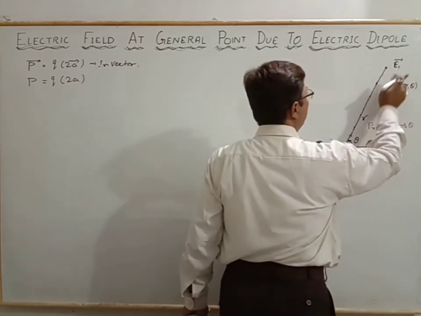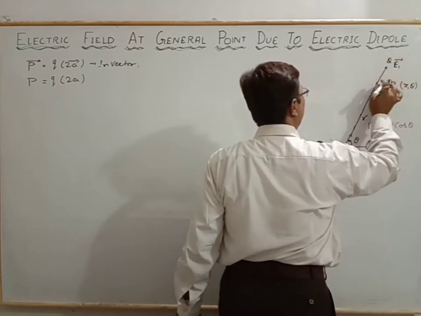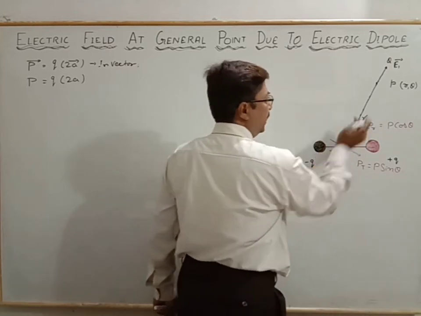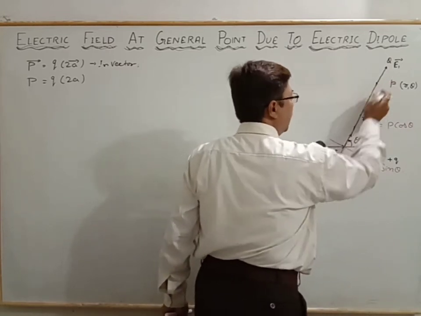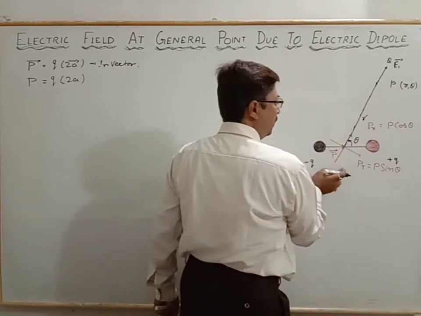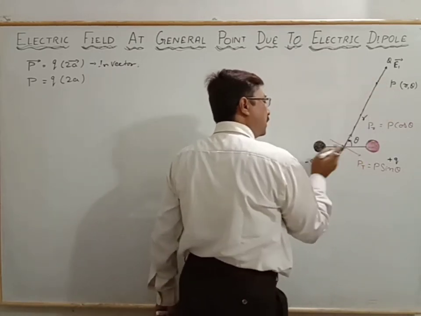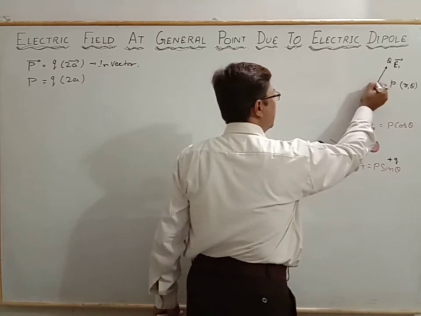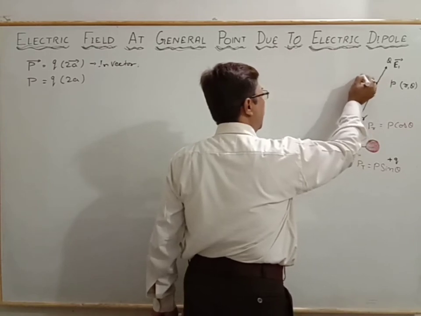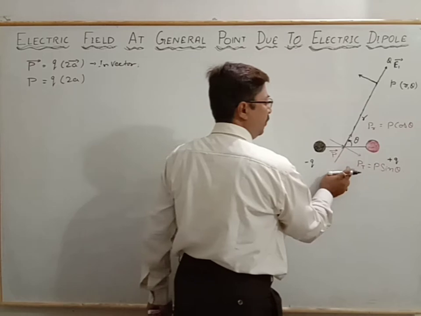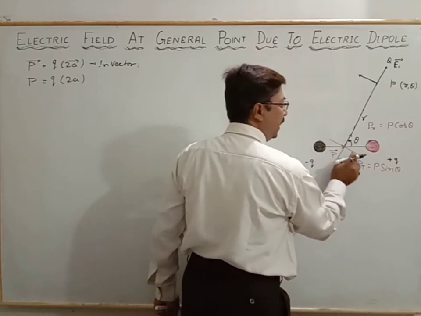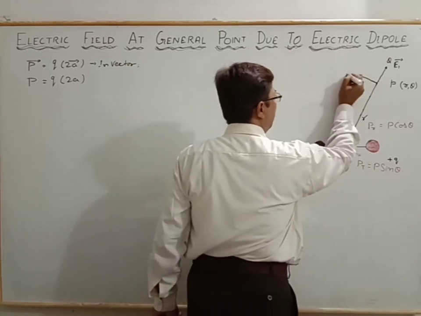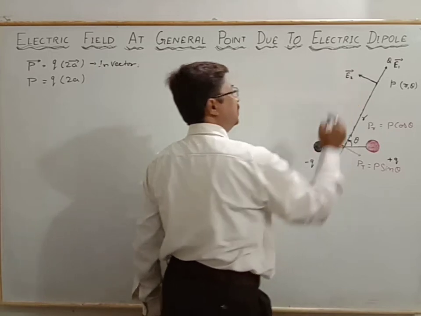And for the transverse component, the line is the equatorial line for point P, so the electric field is always opposite to the dipole moment. The transverse component of the dipole moment is here, and the electric field is opposite to that, and let it be E2.